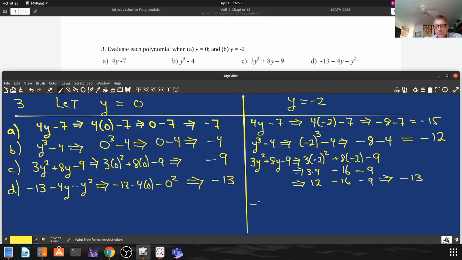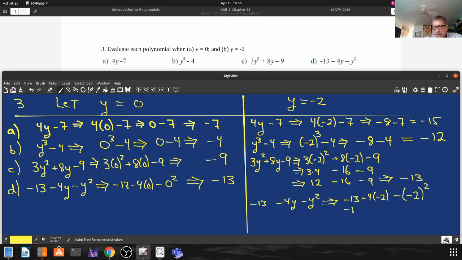Over here, let's do minus 13 minus 4y minus y squared when y is equal to minus 2. So that gives us, there's no y in the 13, so that's minus 13, minus 4 times minus 2, minus, remember, the y value brings in its own negative, it brings it with it, squared.